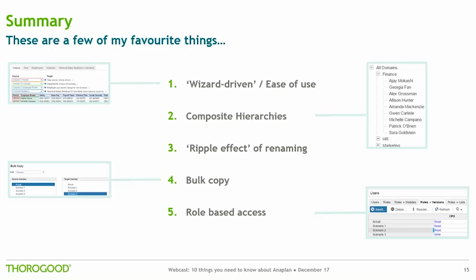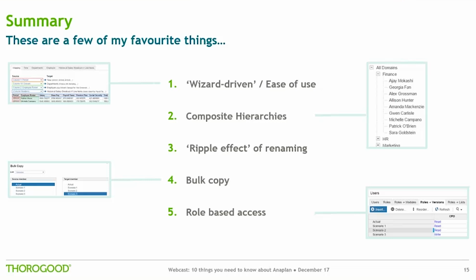That saves space, and it's a good way of handling sparsity in your system. The third one was the ripple effect of renaming, so we can rename that employee list at source, and it will ripple through the whole system. 4 was bulk copy, so if we have a new version, we can bulk copy everything from one version to another in seconds.